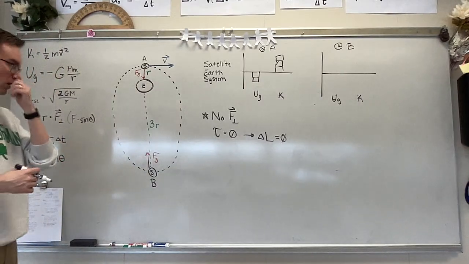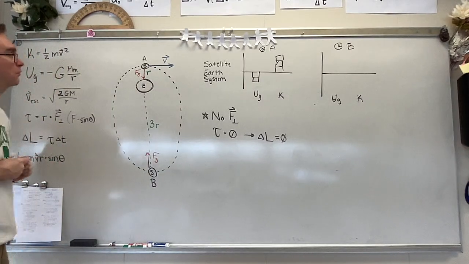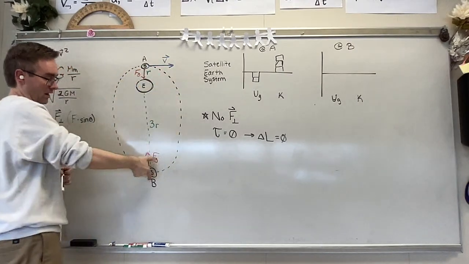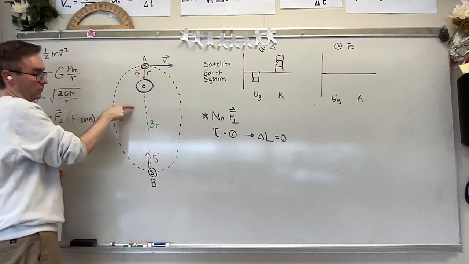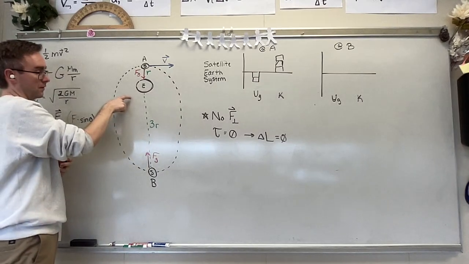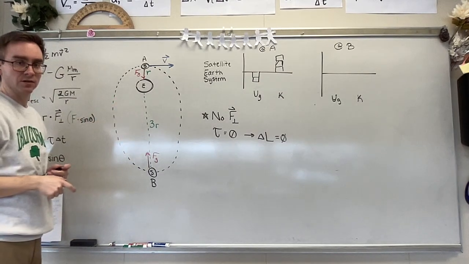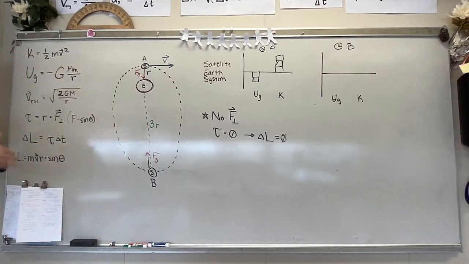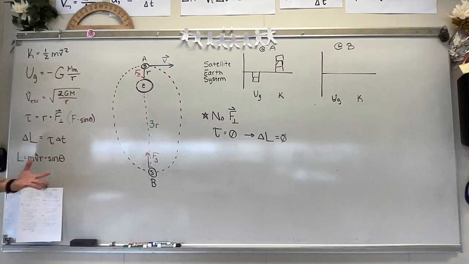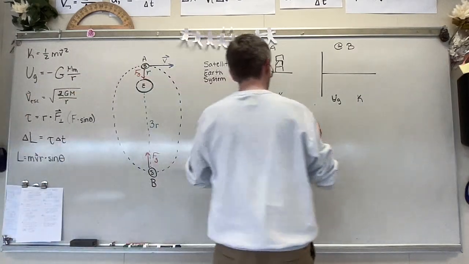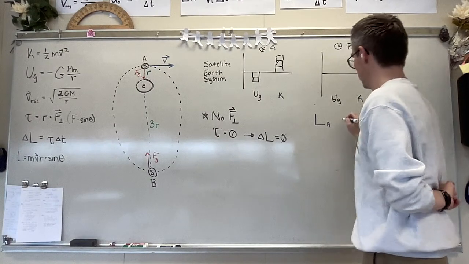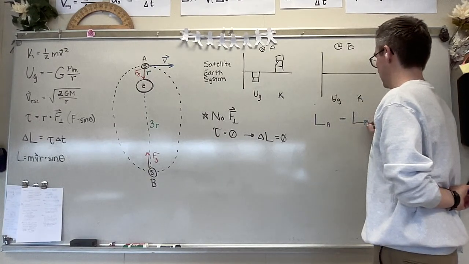So at every single point here, angular momentum is going to be the same, no matter what point we are at, either here or at another point here, because there is not a torque acting in that situation at those 2 points. So now the question is, if there's no torque there, what does that mean? That means in this case that the angular momentum at A is going to be equal to the angular momentum at B.